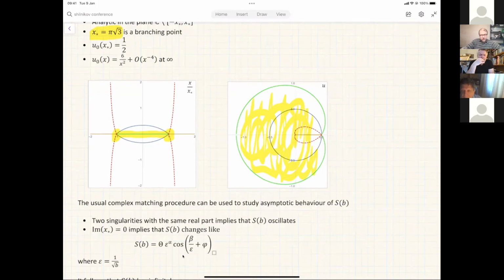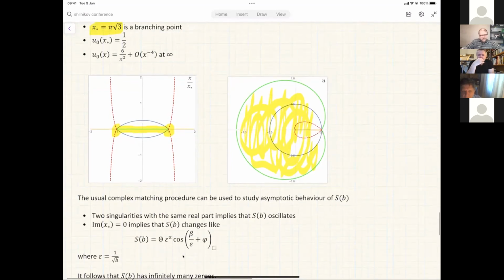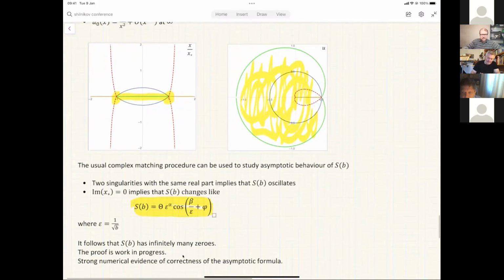The latest progress is to prove that the Stokes constant behaves asymptotically something like the equation written here, which decays polynomially in epsilon and behaves like cosine with a shift. And so it has infinitely many changes of sign.